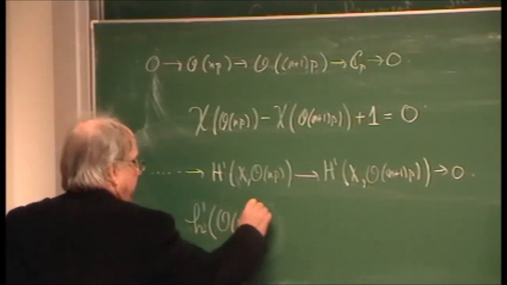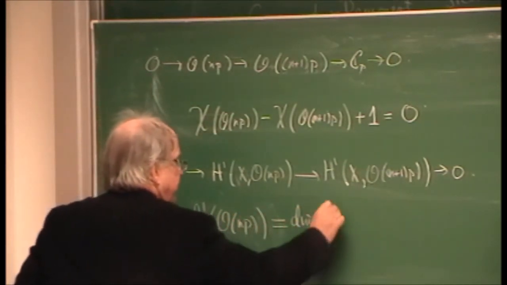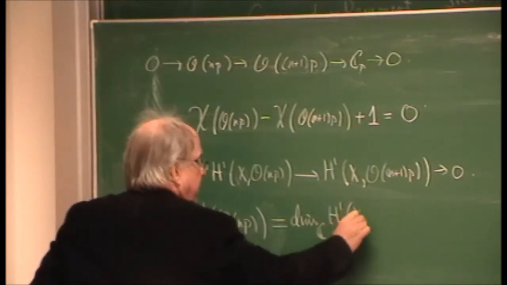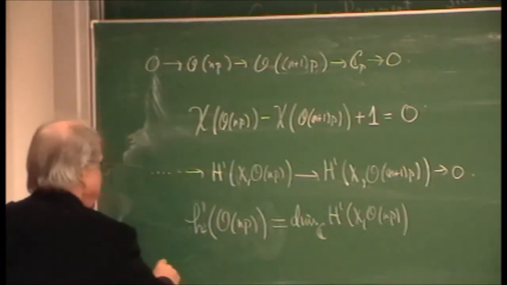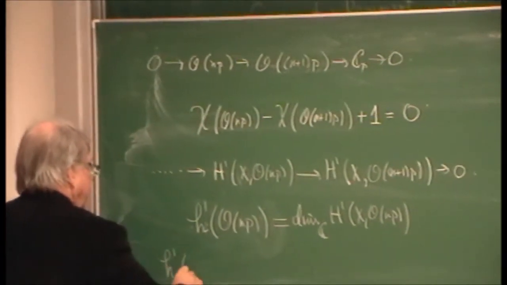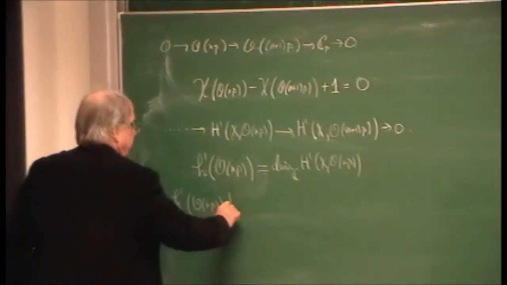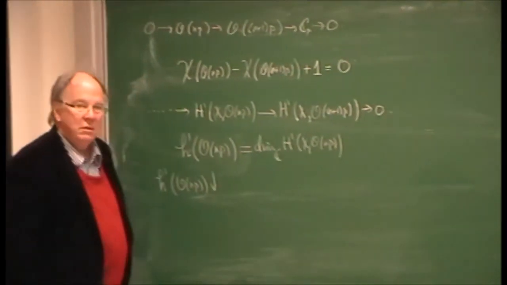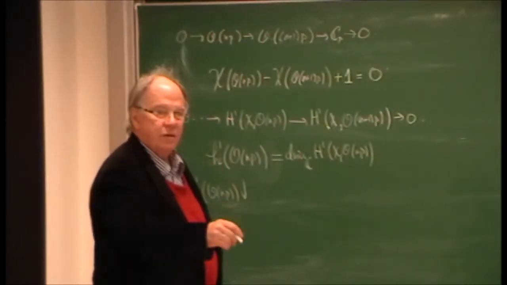Let's introduce h1 of O(nP), which by definition is just the complex dimension of this vector space. This sequence of numbers is a decreasing sequence, because it goes down, down, down.